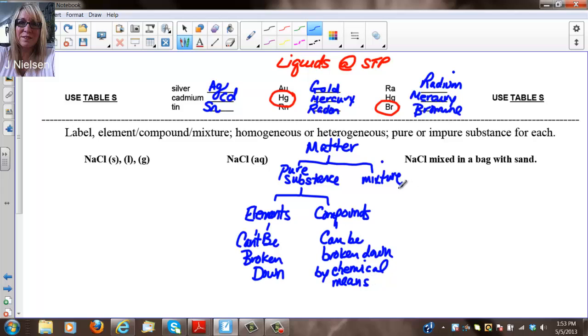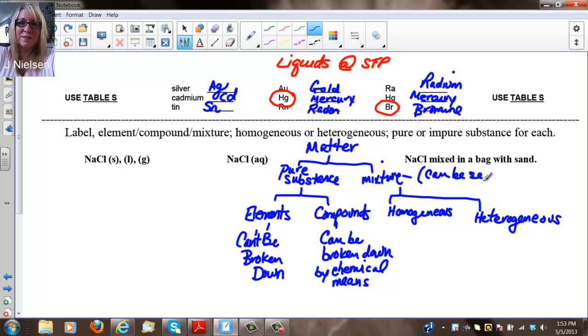Now, over here under mixture, we have two types. We have homogeneous, and we have heterogeneous. And mixtures can be separated. So one note is that they can be separated, and that would be by physical means.